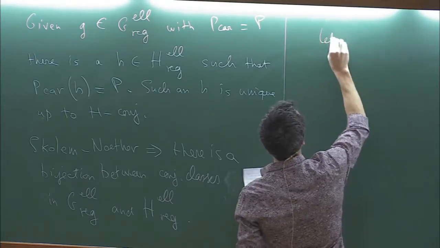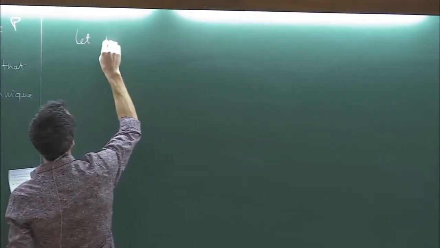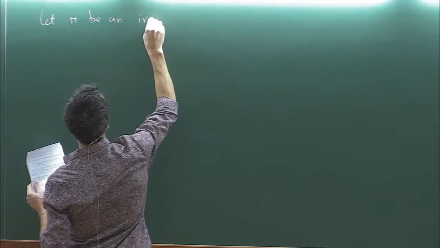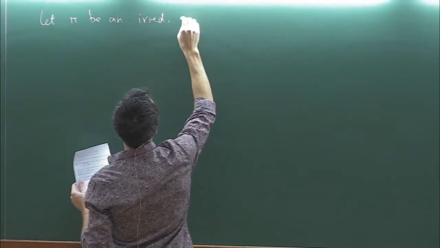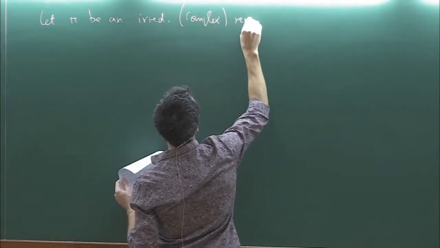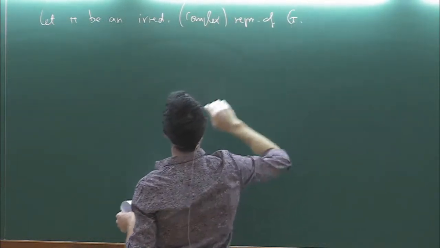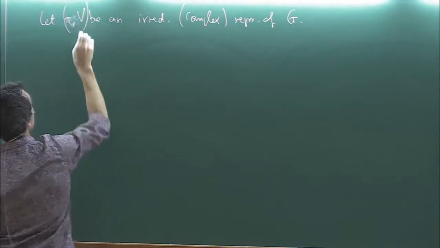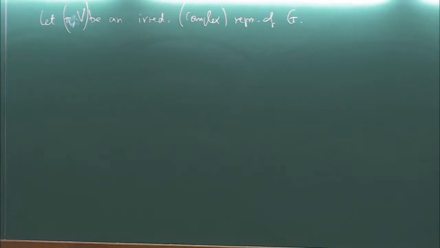Let pi be an irreducible complex representation of G. Let V denote the complex vector space on which G acts through pi. So V is infinite dimensional in general.